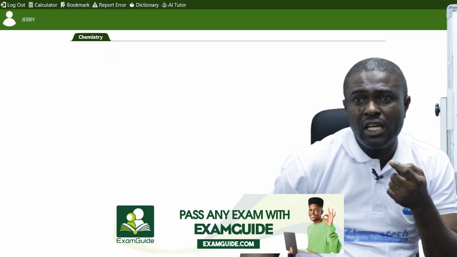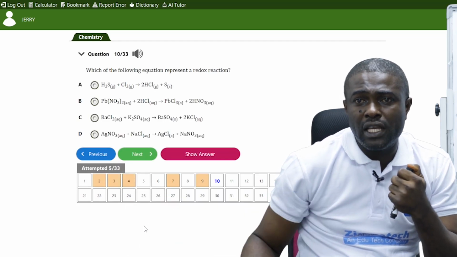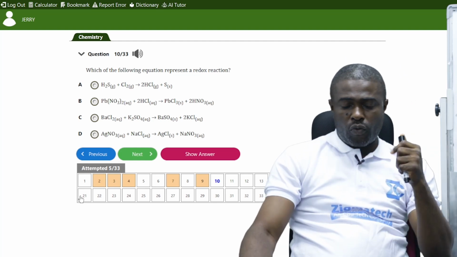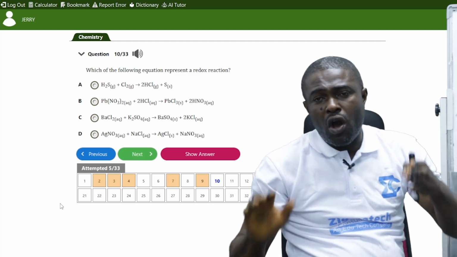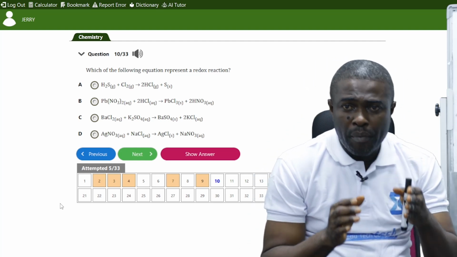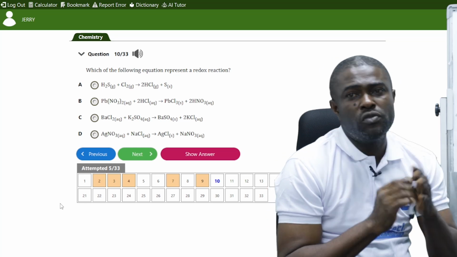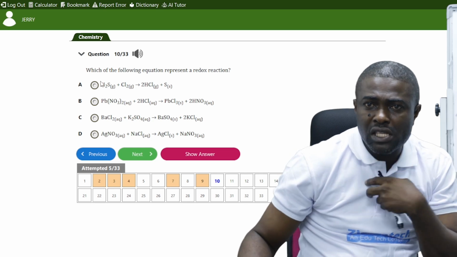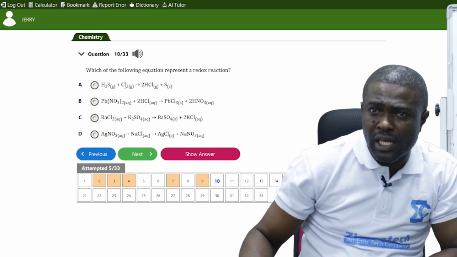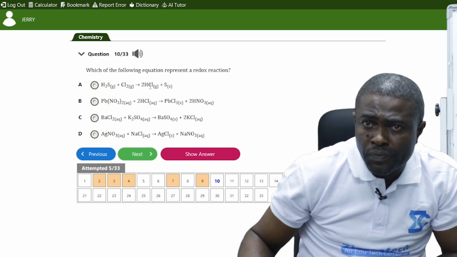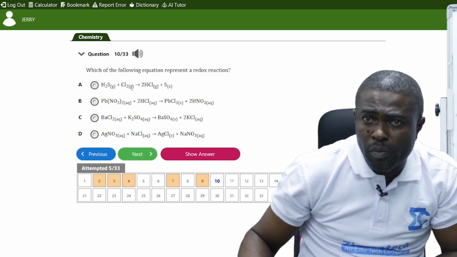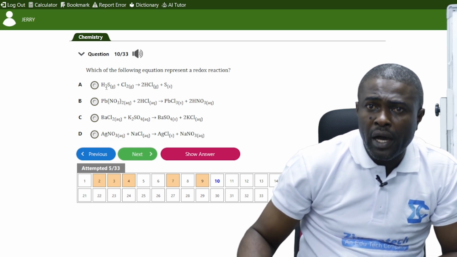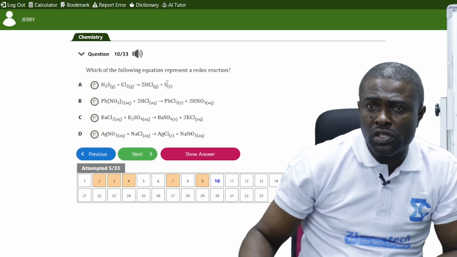And finally, which of the following equations represents a redox reaction? What is a redox reaction? A reaction where oxidation and reduction both take place simultaneously. Let's check. Can I see oxidation here? Yes. From 0 to -2 is reduction, and from -2 to 0 is oxidation.